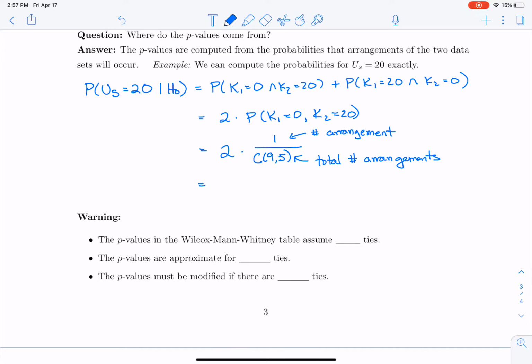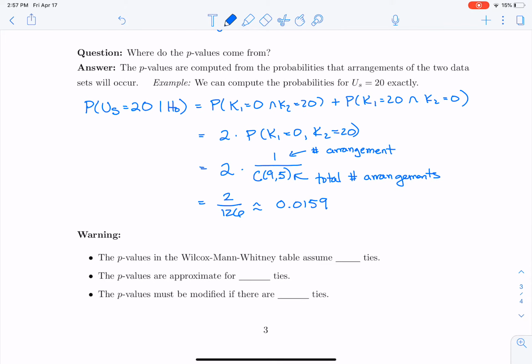That's 2 out of 126, which is approximately 0.0159. So the probability of U sub S equaling 20, given our null hypothesis, is 2 out of 126, or 0.0159. That would be our p-value.